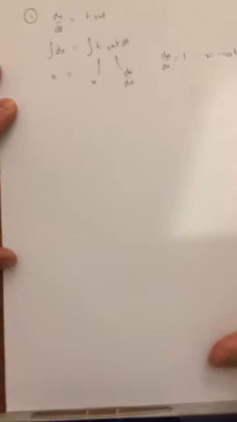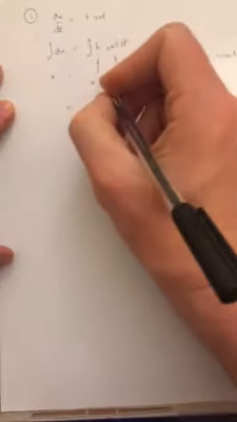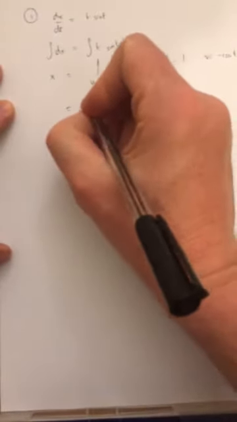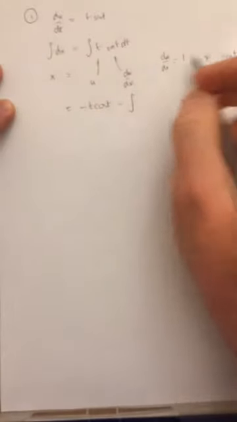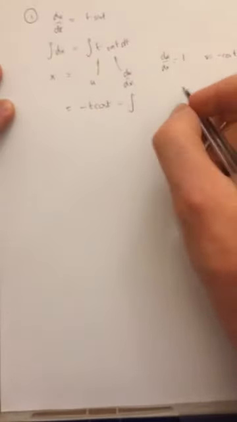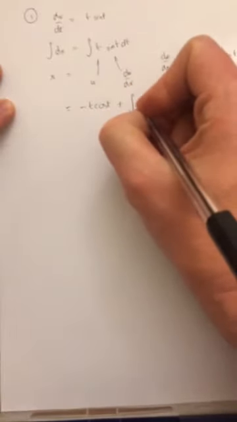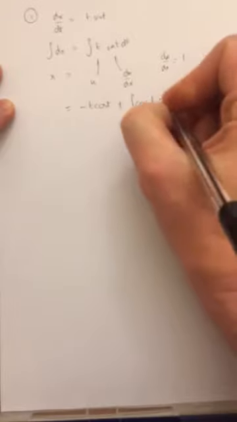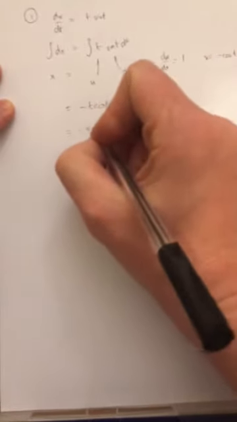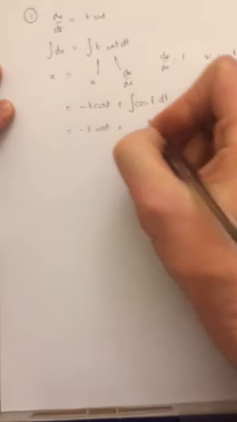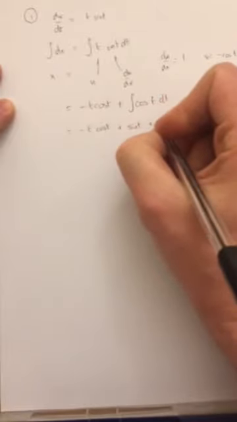So the right hand side becomes uv, so minus t cos t, minus the integral of v du by dx. So that's 1 times minus cos t, there's me minus, so cos t dt. So x equals minus t cos t plus the integral of cos, which is sine t, plus c.